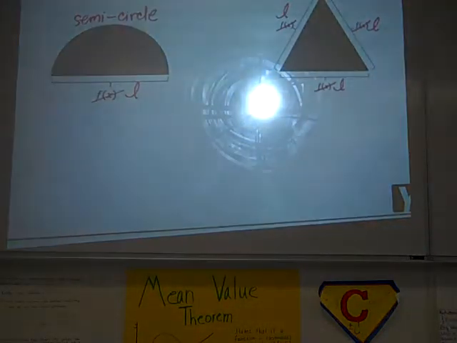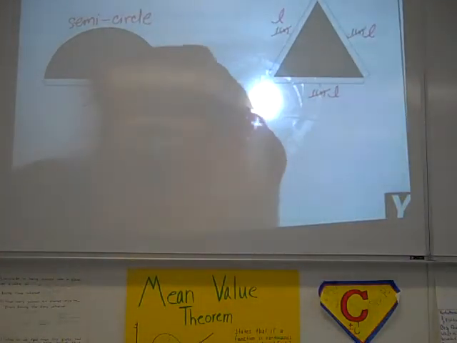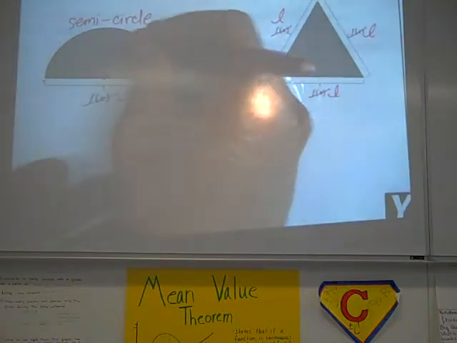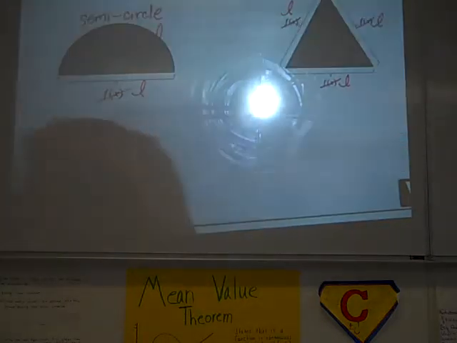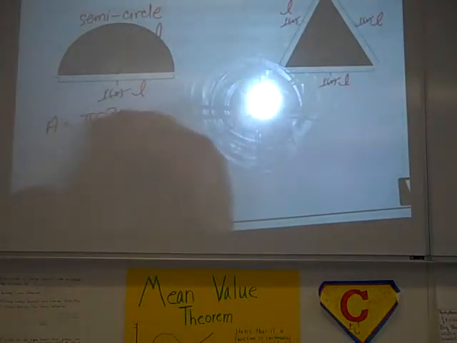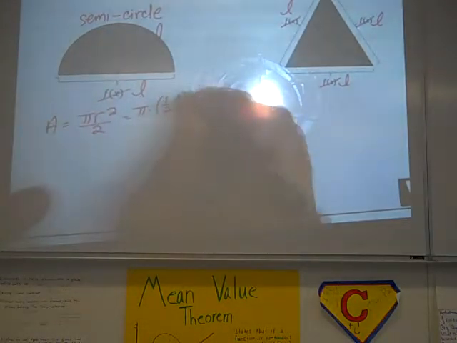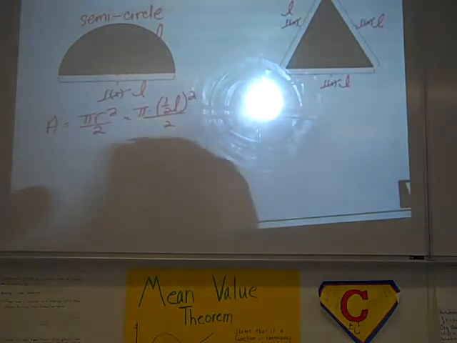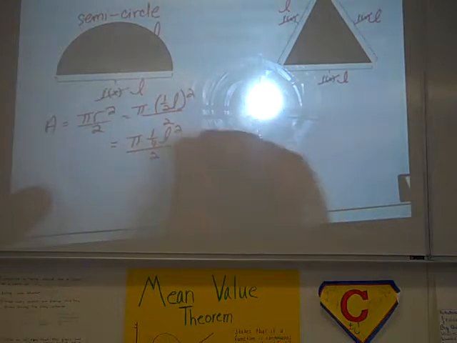So let's talk about the semicircle. If I tell you that the diameter has length L, well, what does that mean? That means that your radius, the all-important radius, is 1/2 of L. And how would I find the area? Well, the area of the circle is pi r squared divided by 2. So that's pi 1/2 L, the whole thing squared over 2, is the same as pi 1/4 L squared over 2. 1/4 divided by 2 is going to be 1/8.